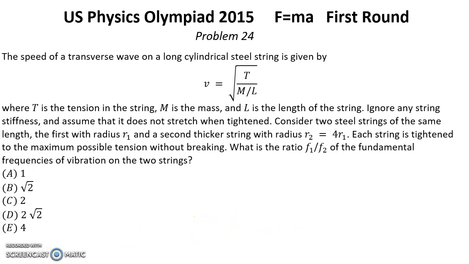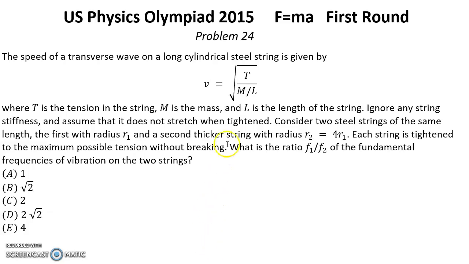Solution. When we increase the radius 4 times, we increase the cross-sectional area 16 times. It means that we can increase the maximum tension 16 times. But on the other hand, we increase the mass 16 times, so we increase the linear density 16 times.